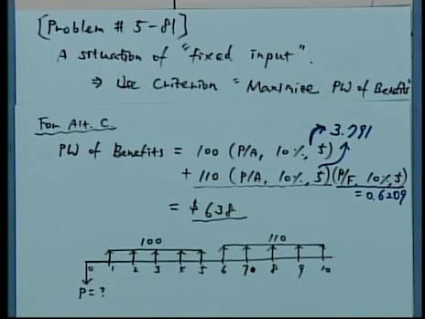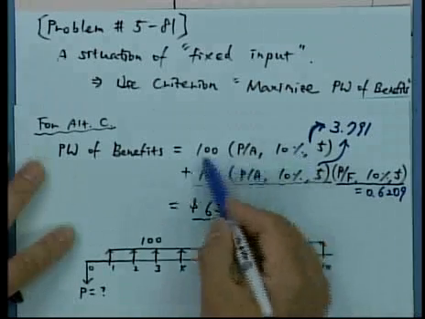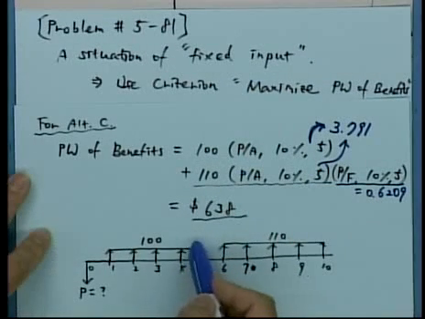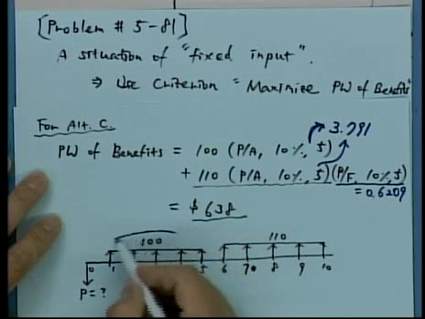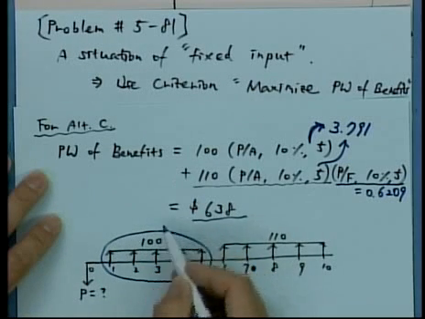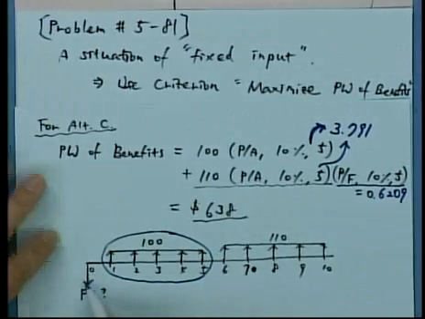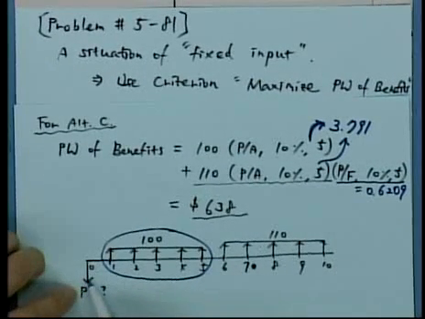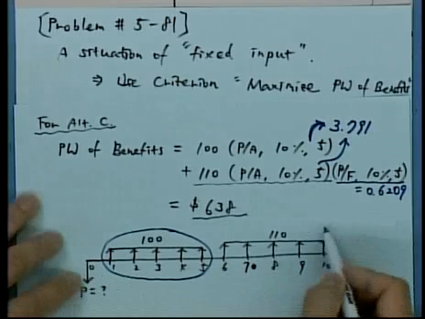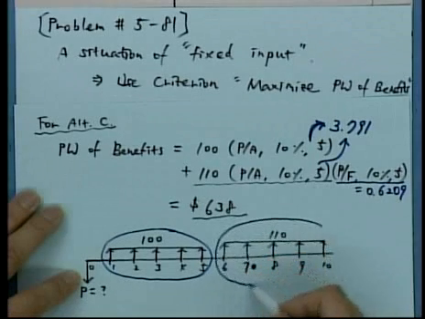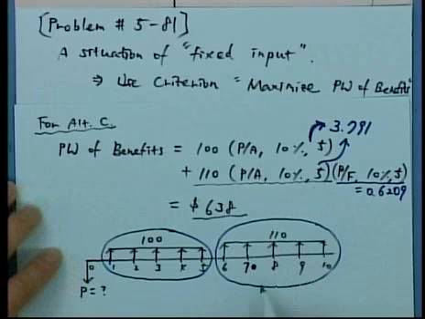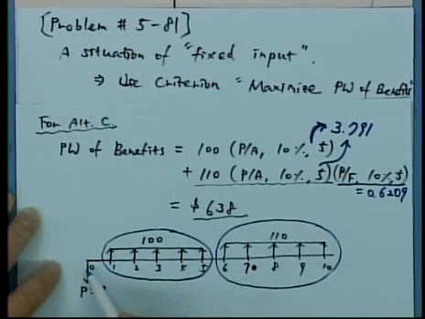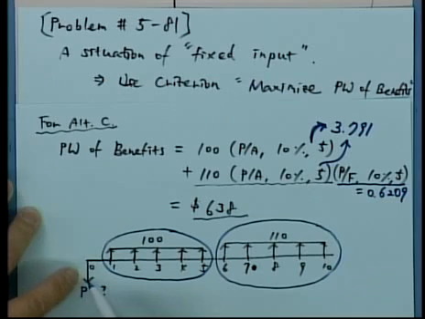So we convert the first uniform series to the equivalent present sum P at the end of period 0, and the next 5 payments of $110 have been converted to an equivalent present sum.